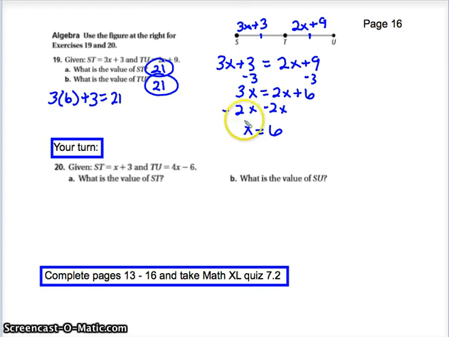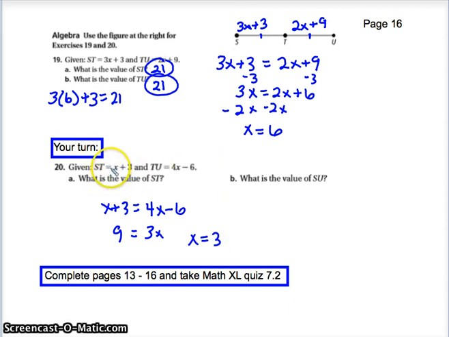All right, you try. Go ahead and pause the video and let's find the distance of ST and TU in number 20. All right, you were able to set these expressions equal to one another since we know that their measures are the same. You subtract x from both sides, add 6 to both sides. We find out that x is equal to 3.